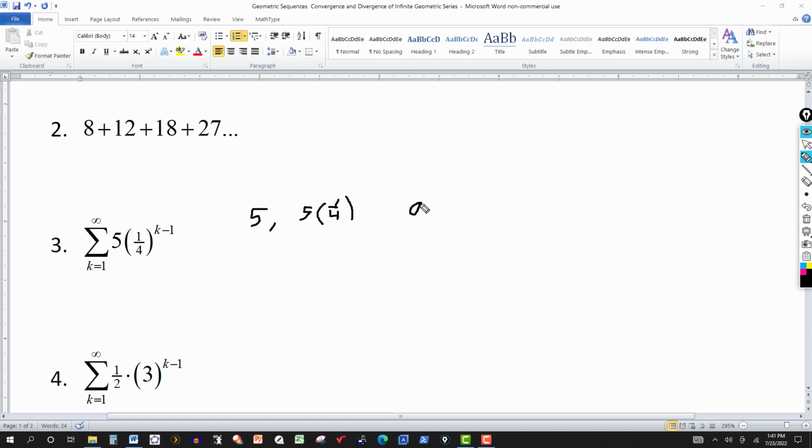So the first term is 5, and the common ratio is 1/4. 1/4 is between -1 and 1. So this one converges. And we can find the sum using the formula. First term on top, that's 5 over 1 minus 1/4.